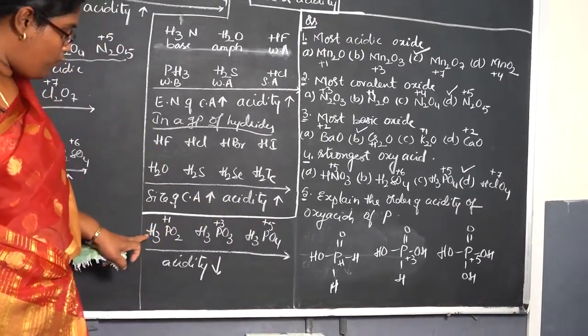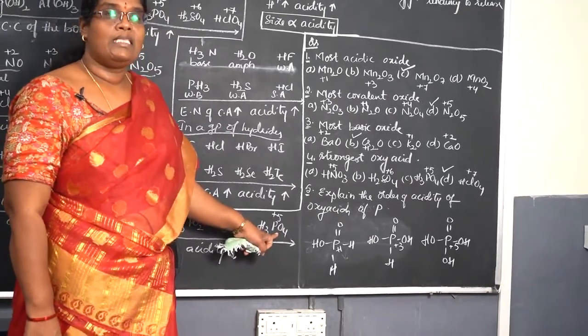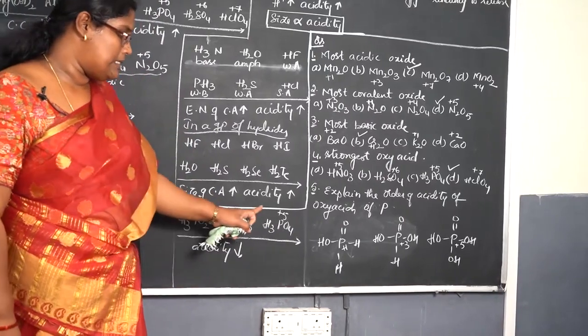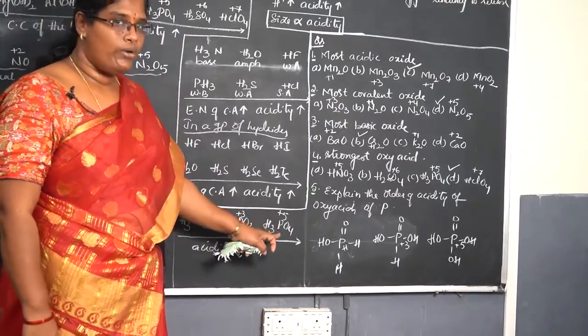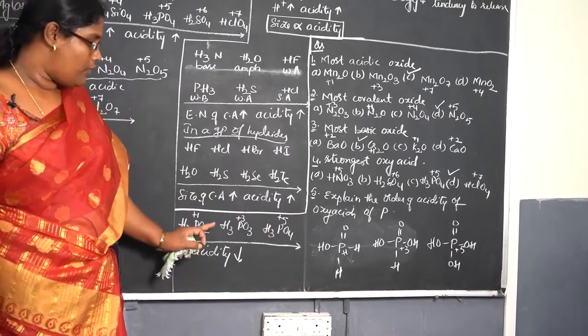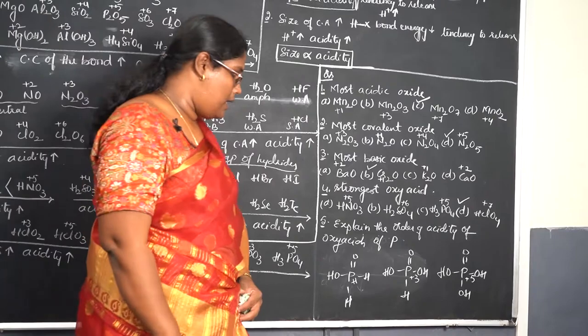As you move from hypophosphorus to phosphoric acid, acidity should increase because the oxidation state is increasing. Acidity should increase, but it is decreasing. So this is one of the exceptional cases. How can you explain the reason?